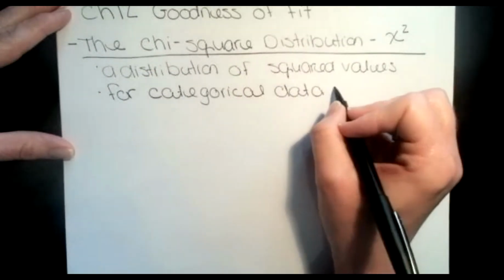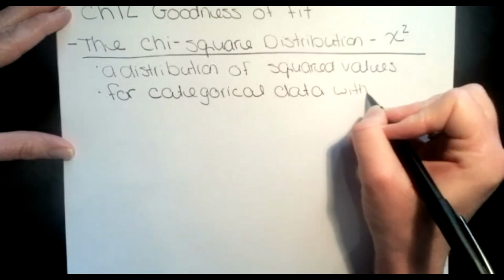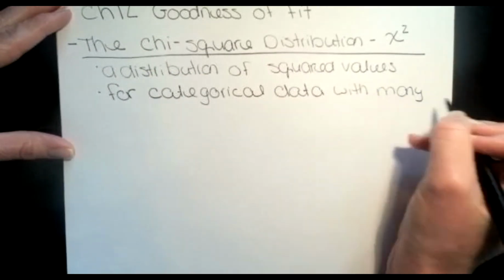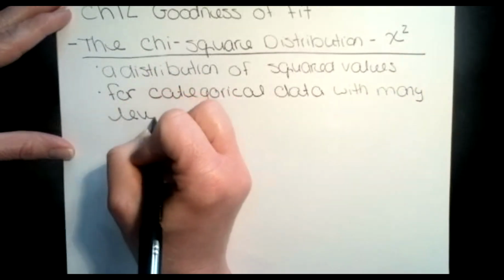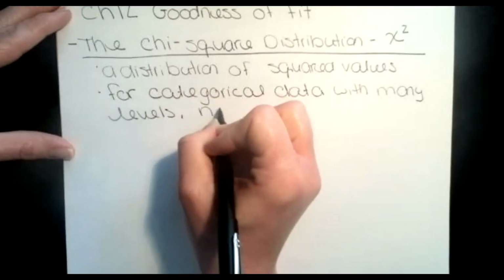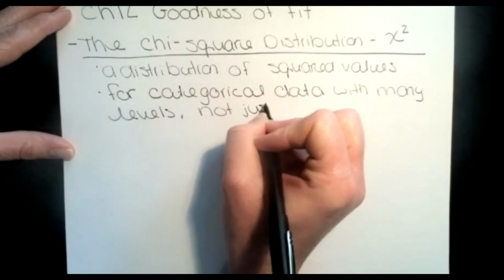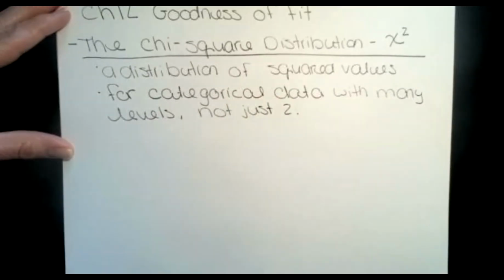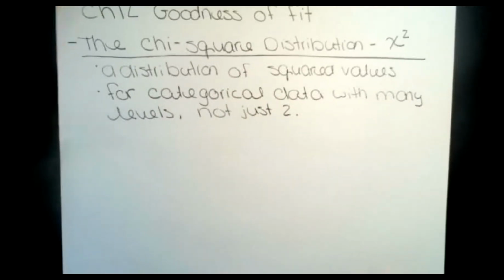And the categorical data will have many levels. I'm just going to say not just two. Now, we need to discuss for a second what that means.